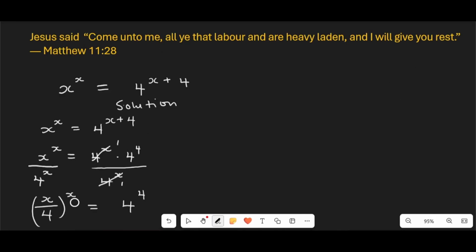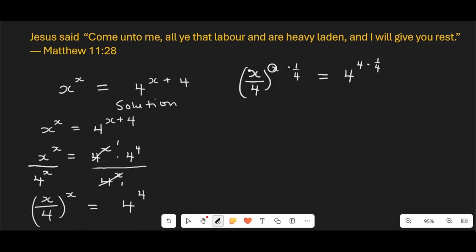Now let us multiply the power of both sides of the equation by 1 over 4. So we are going to have x over 4 all raised to power x multiplied by 1 over 4 equal to 4 raised to power 4 multiplied by 1 over 4.